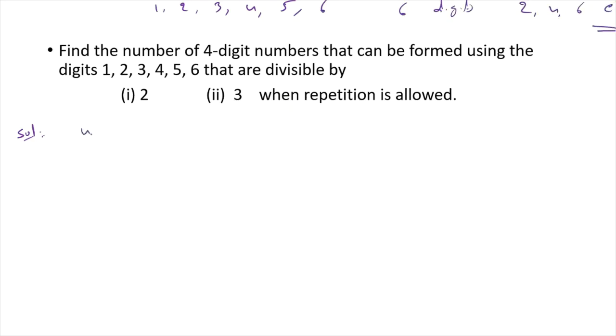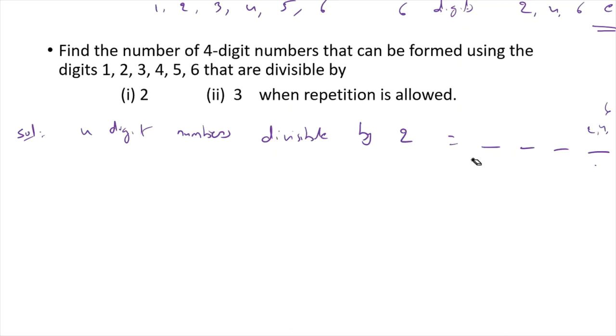So the 4-digit numbers divisible by 2: I have to fill the last blank with either 2 or 4 or 6. And the remaining places I can fill with any of these 6 elements.